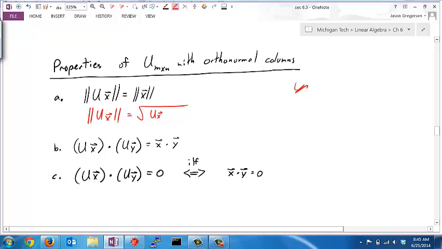So Ux dotted with Ux. Remember, U times X is going to be a vector here. I have a matrix times a vector, and I'm going to get this vector result. Now, another way I can write that dot product, when we define dot product, is to write Ux transpose times Ux.